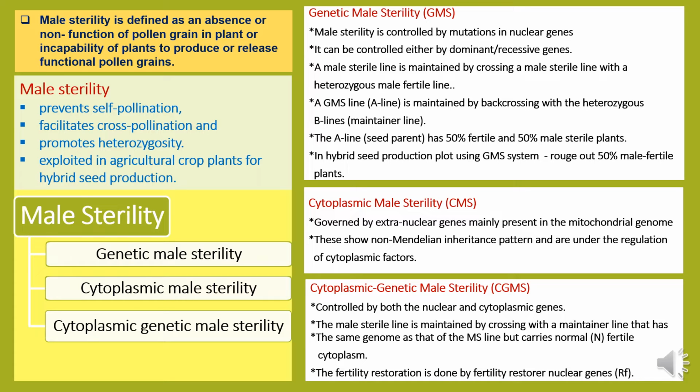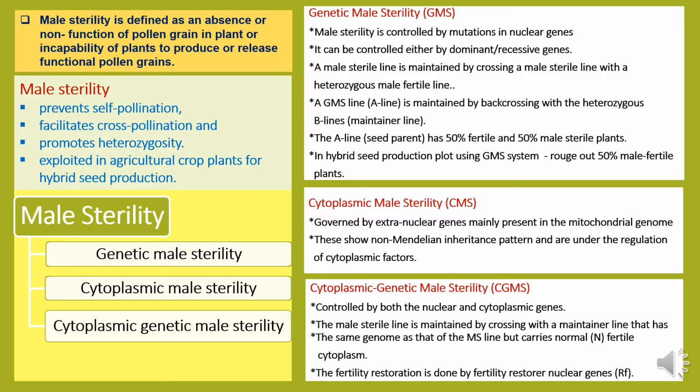In detail, genetic male sterility is controlled by mutations in nuclear genes, by either dominant or recessive genes. The male sterile gene is maintained by crossing the male sterile line with a heterozygous male fertile line, the B line.